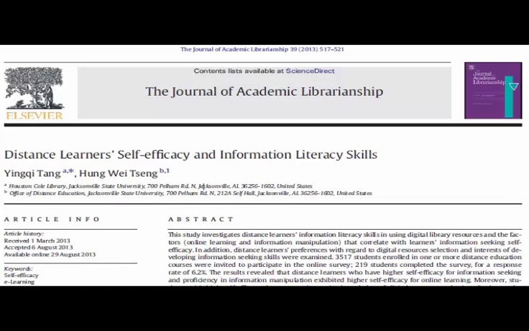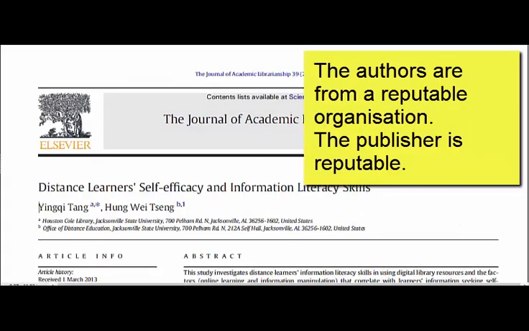Added to this, the article is published by Science Direct. In the publishing industry, Science Direct is regarded as a publisher of authoritative information. So, let us summarize our observation about authority. The authors are affiliated to the Jackson State University. The publisher is reputable. A rating of 9 out of 10 will seem relevant in this case.